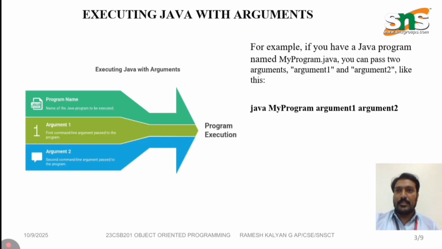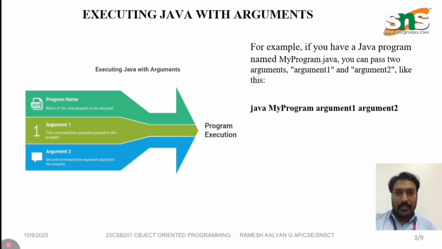And executing the Java program with the arguments. As we saw previously, without modifying any code or the structure of the program, we just give java space filename space argument 1 and n number of arguments by dividing them with single spaces. As an example, if you have a Java program named myprogram.java and you need to pass two arguments, then java space filename, that is myprogram, space argument 1 space argument 2.